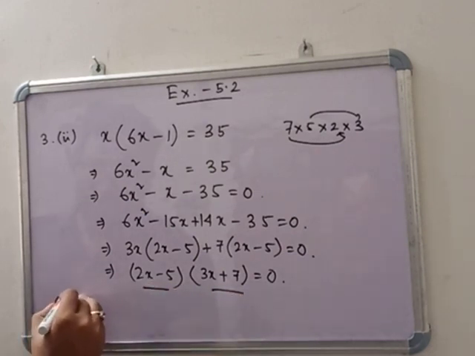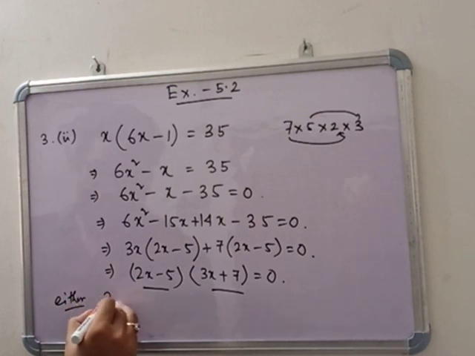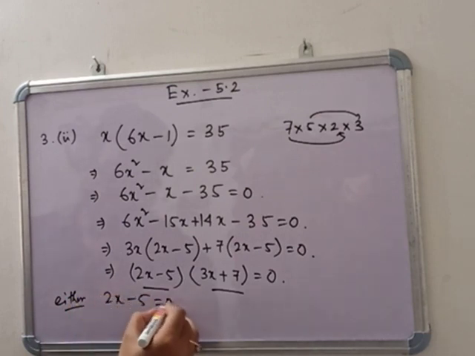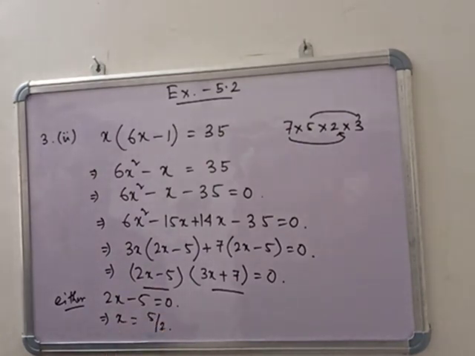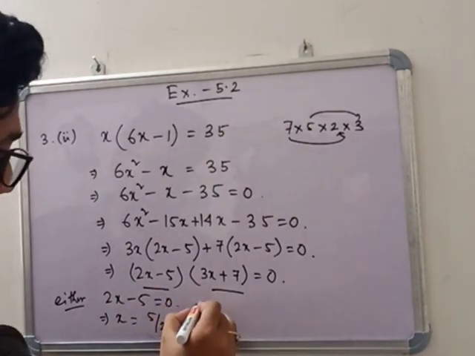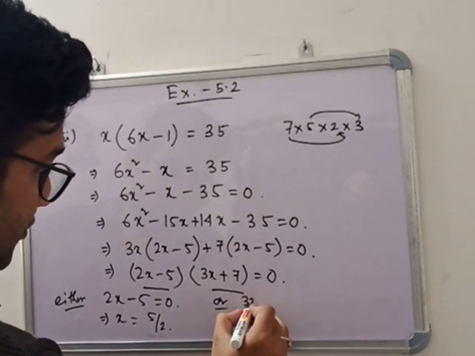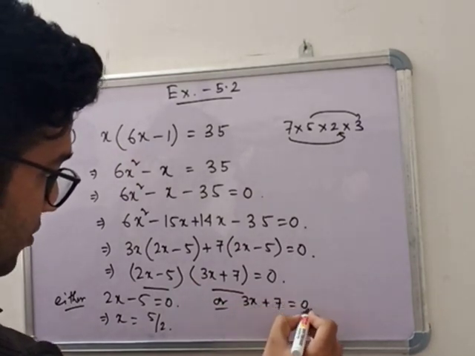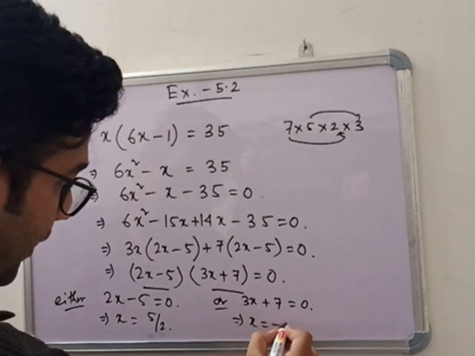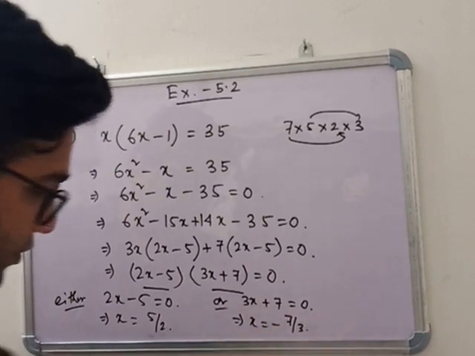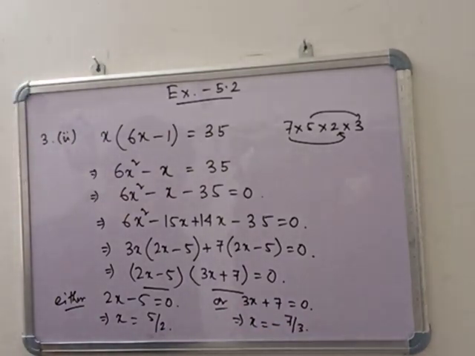So either 2x minus 5 equals 0 implies x equals 5 by 2, or 3x plus 7 equals 0 implies x equals minus 7 by 3. Okay, so the value of x is 5 by 2 and minus 7 by 3. Note it down, all of you.